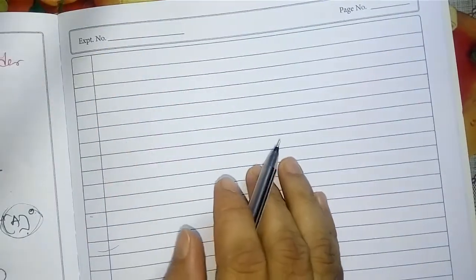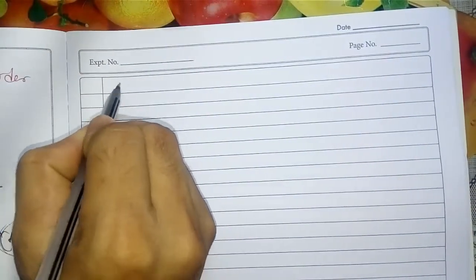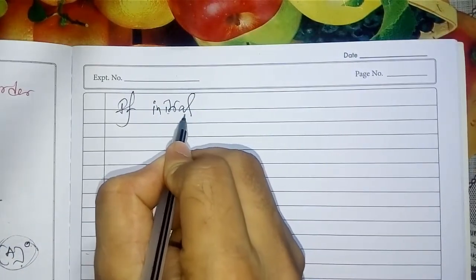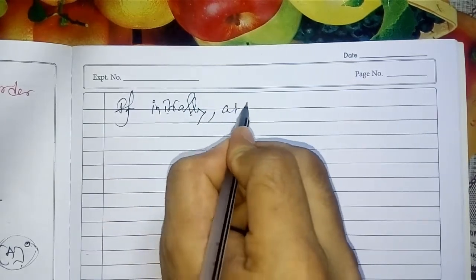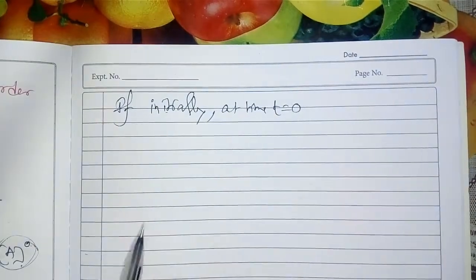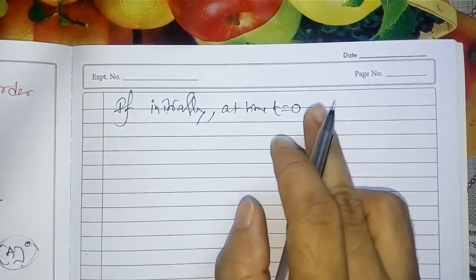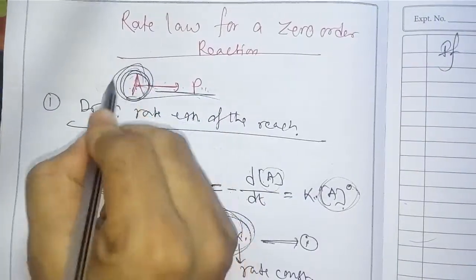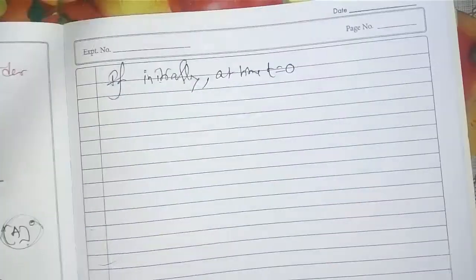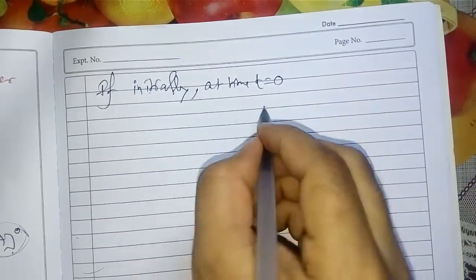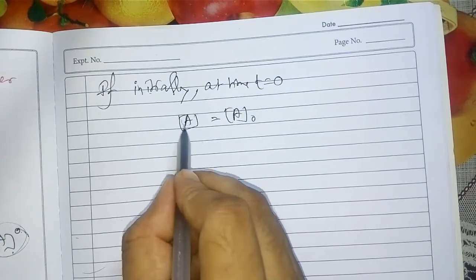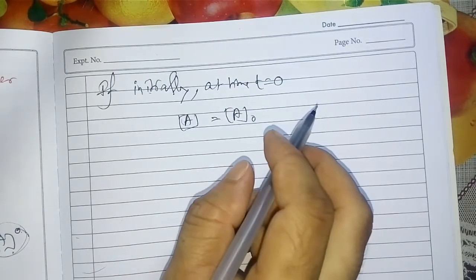Now, initially at time t equal to 0, the concentration of the reactant is A naught. That means the concentration of A equals A naught.